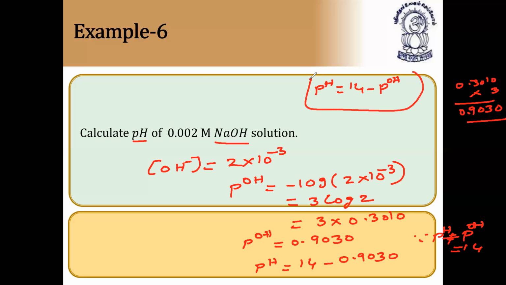By taking this formula into consideration, we got 14 minus 0.9. So let us check the answer now. It could be 11.30. Somewhere the calculation part we are done. But anyway, this is the calculation we have to do.